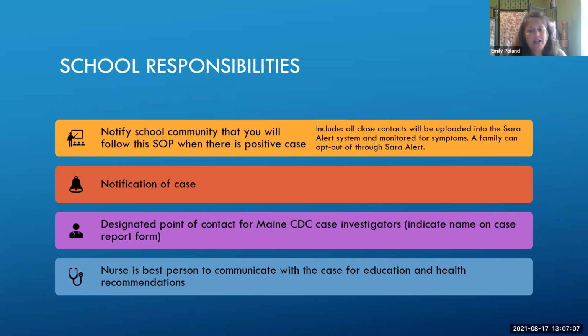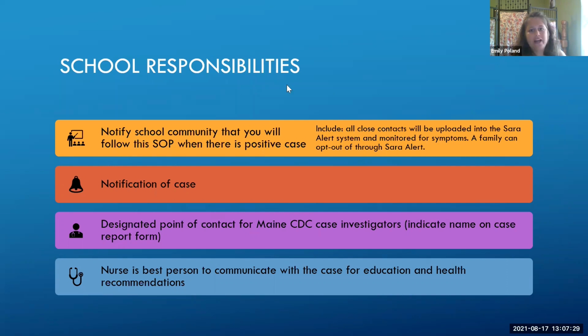Now, this is a change from last year. A family can opt out, but it's going to be done on the other end. So as far as you're concerned, everyone is being uploaded, and then they will opt out from the system once they're enrolled. So that is a change.